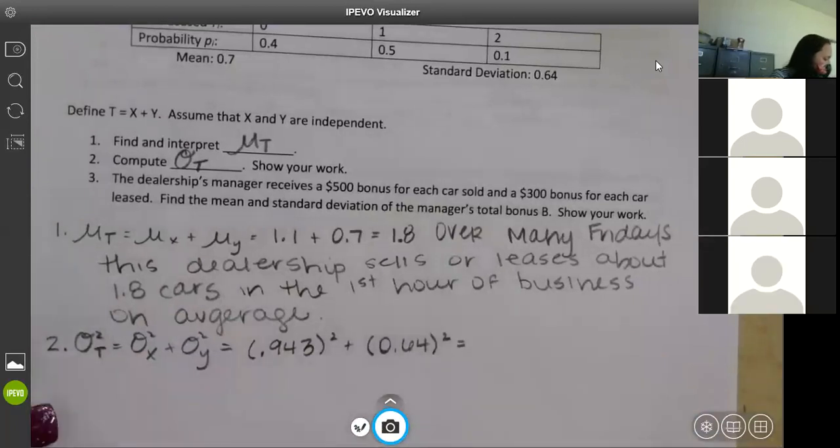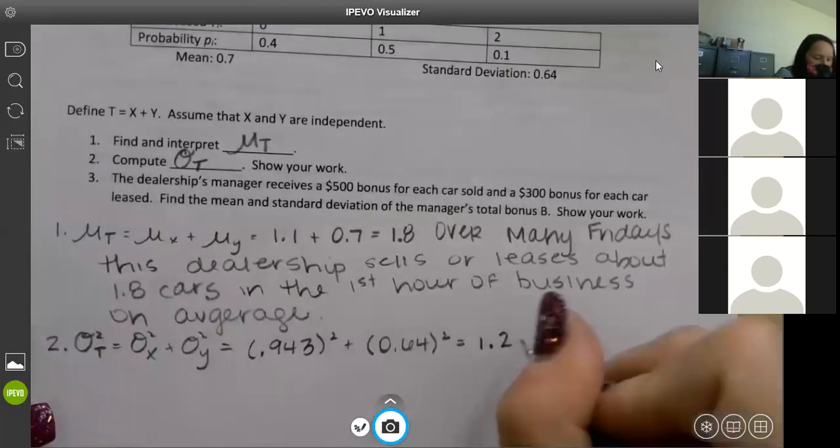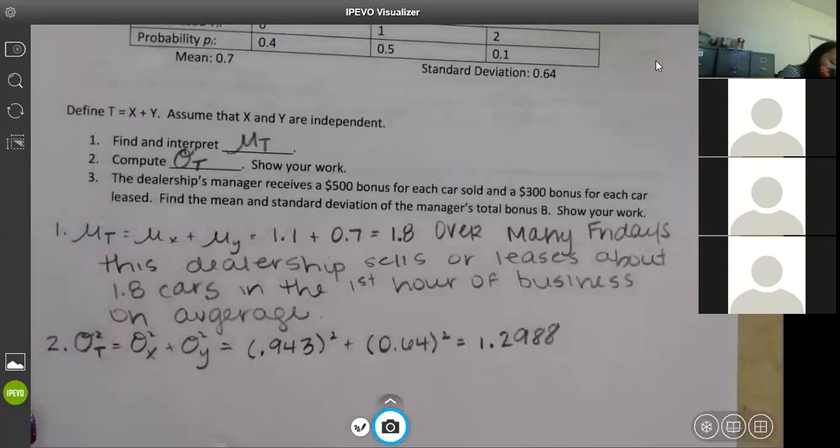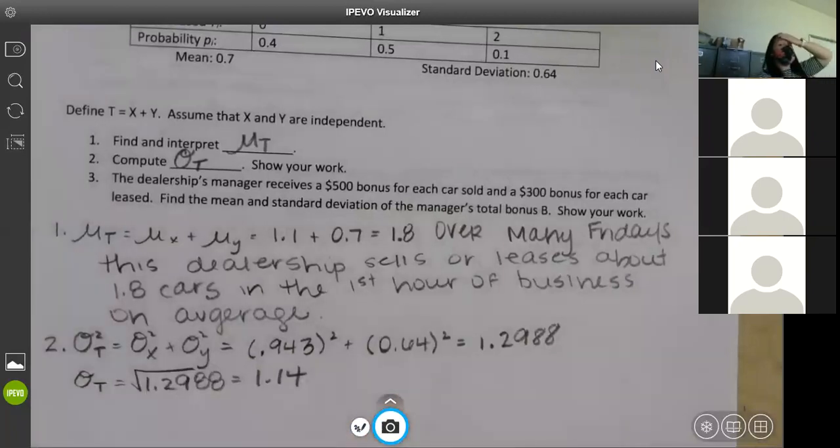No worries. Which gives us 1.2988. So then to find the standard deviation of the total, we take the square root of that 1.2988, which gives us 1.14. Somebody interpret that for me. I know it doesn't say it, but interpret it for me.